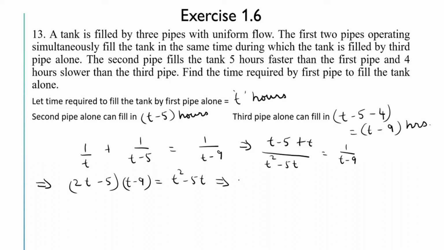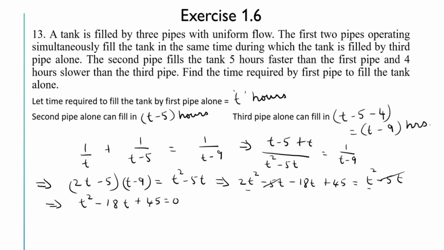Now let us simplify this. 2T square minus 5T minus 18T plus 45 is equal to T square minus 5T. So this 5T will go. 2T square minus T square is equal to T square. So we have T square minus 18T plus 45 is equal to 0.